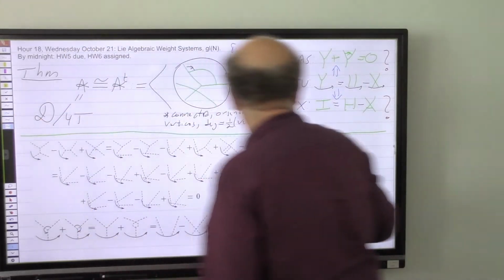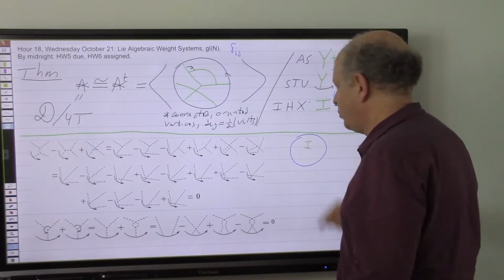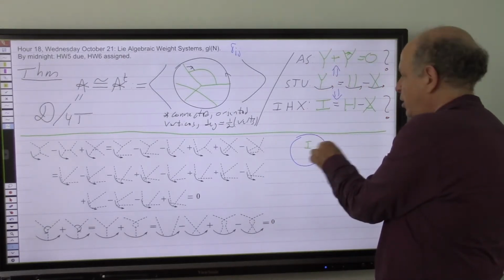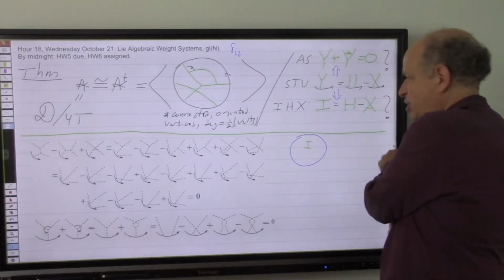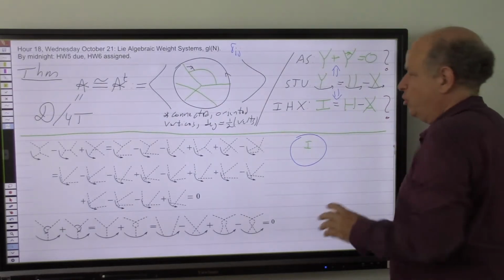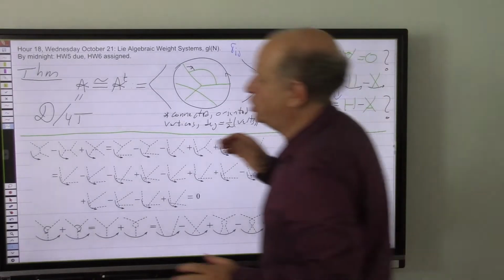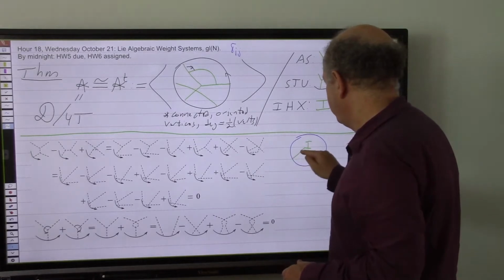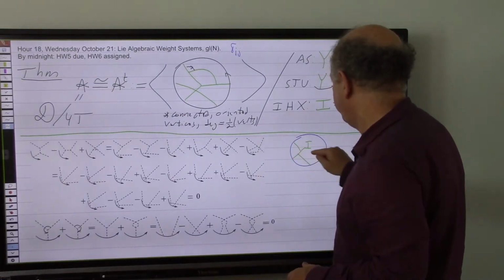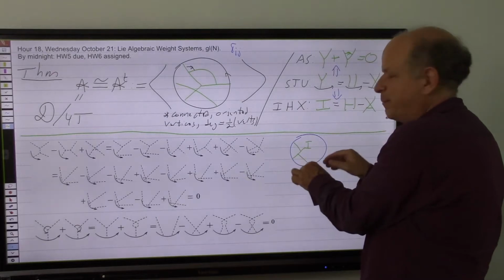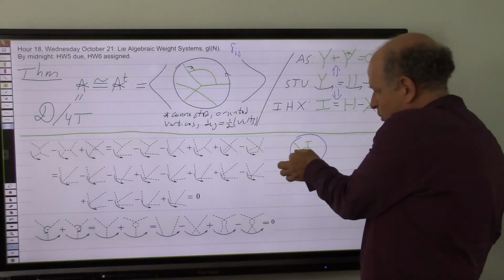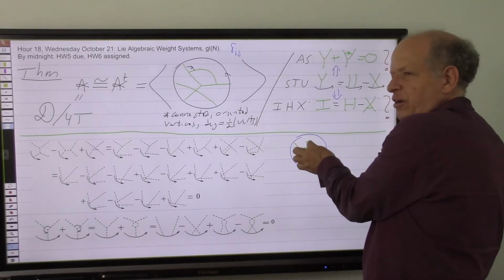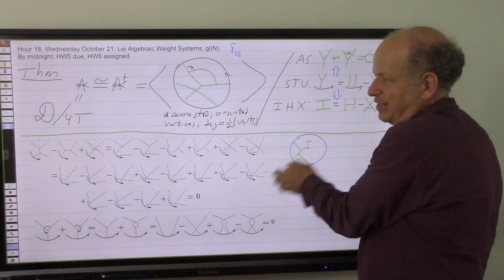Or more precisely, you have three big diagrams, all identical, except one of them has an I somewhere, and in the same place, the second has an H, and the third one has an X. So first of all, using STU relations and using connectivity, suppose this IHX was far away from the skeleton, we can always, using STU relation, get rid of all the vertices on the way there, and then it's adjacent to the skeleton.